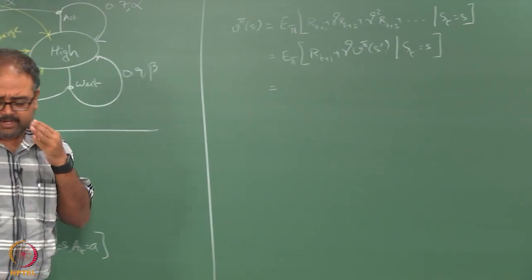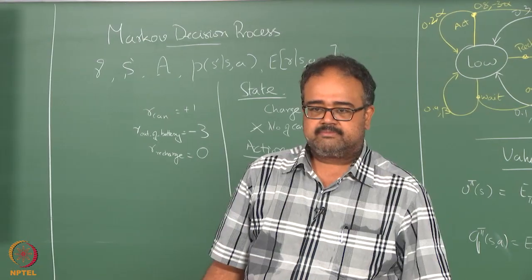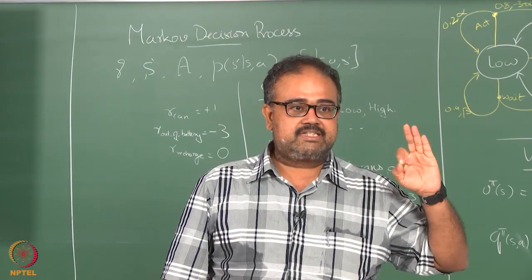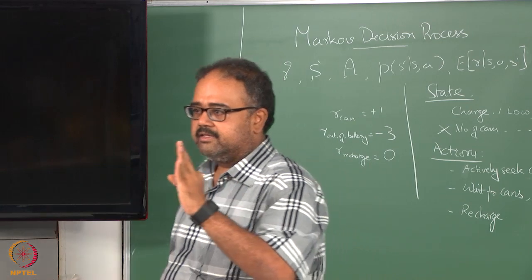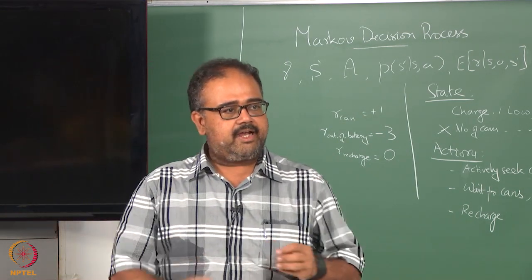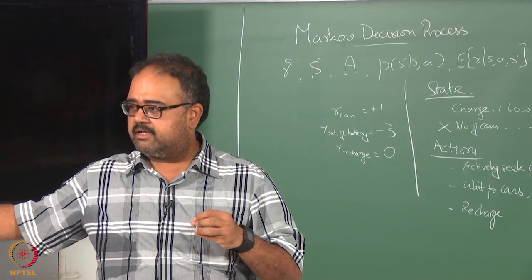So one way of writing out this expectation is to think of it like a generative process, okay? So remember, what did I say we are going to do? We will start in state S, right? Then select actions according to policy pi, right, and measure the expected return, right?